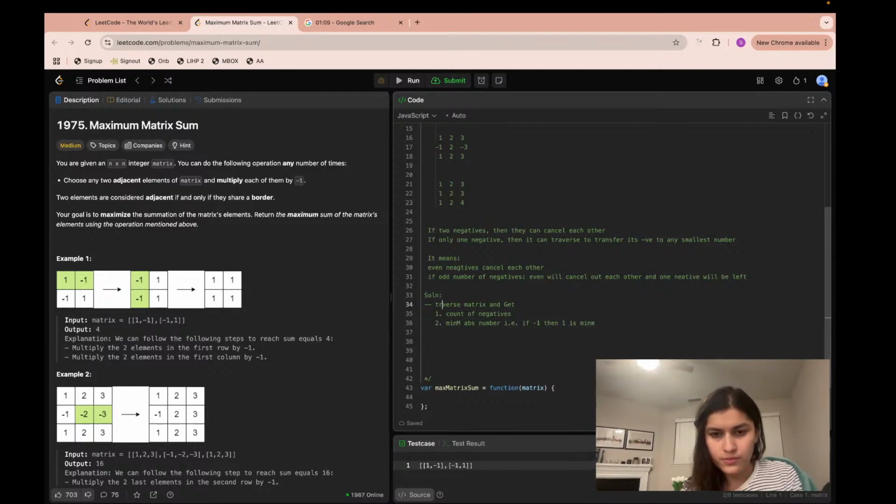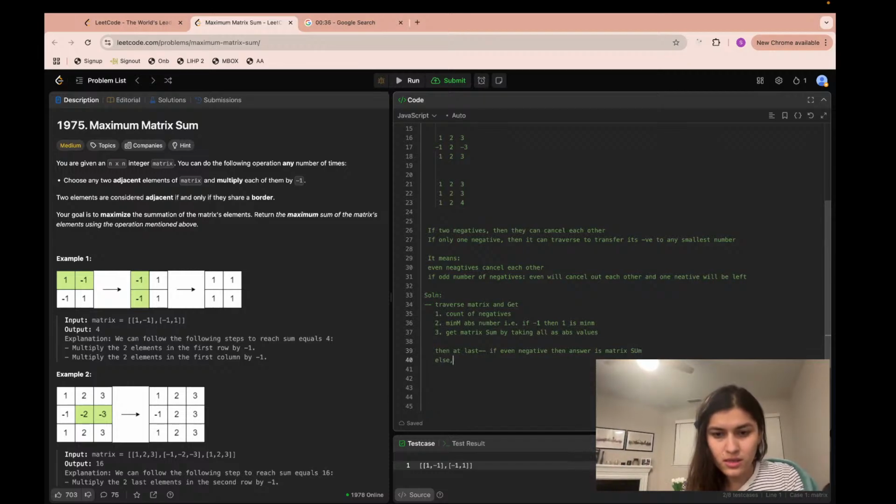So I get the count of negatives, the minimum absolute number, and then I should also get the matrix sum as well, because I need the sum by taking all as absolute values. Okay, and then at last, if the count of negatives is even, then the answer is the matrix sum.